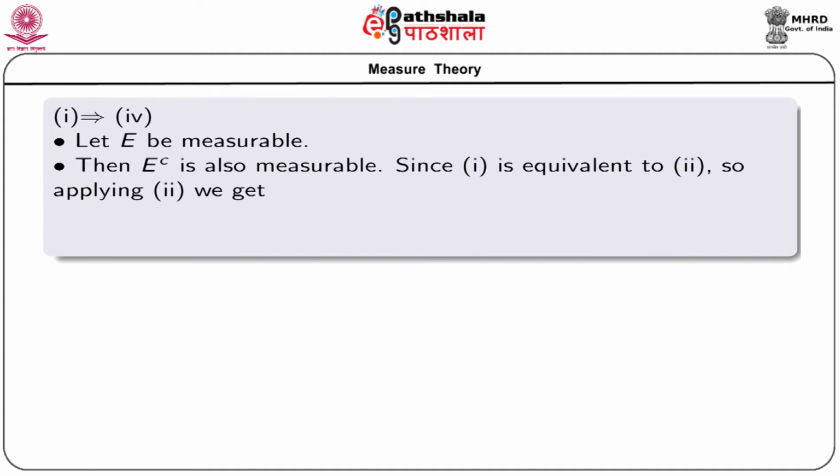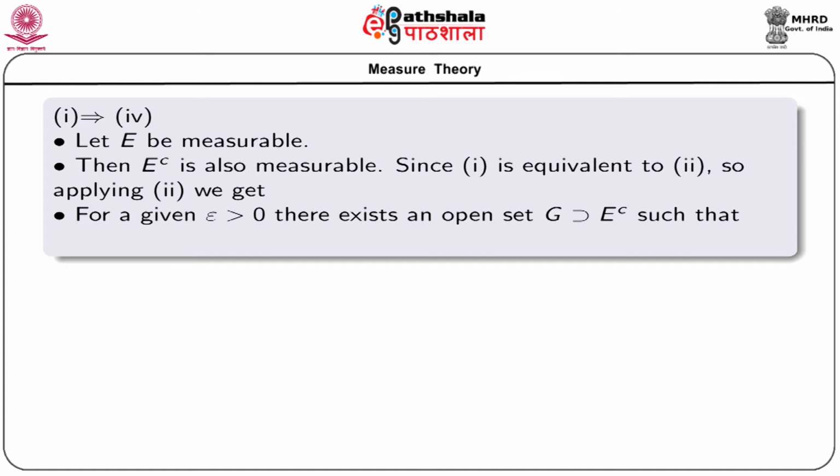So, if we apply this assertion on the set E complement, we get: given epsilon greater than 0, there exists an open set G containing E complement such that mu star of G minus E complement is less than epsilon.